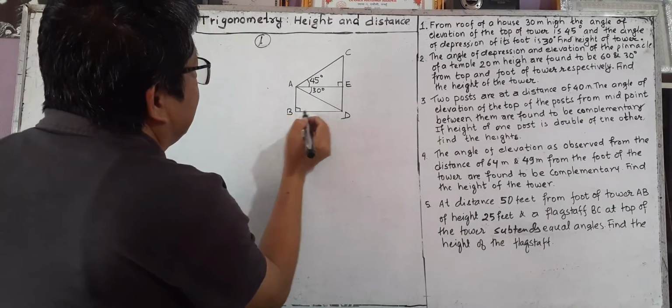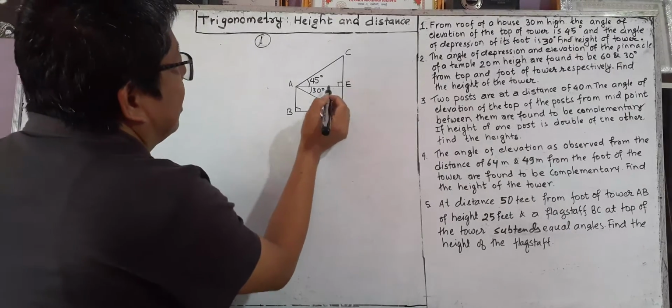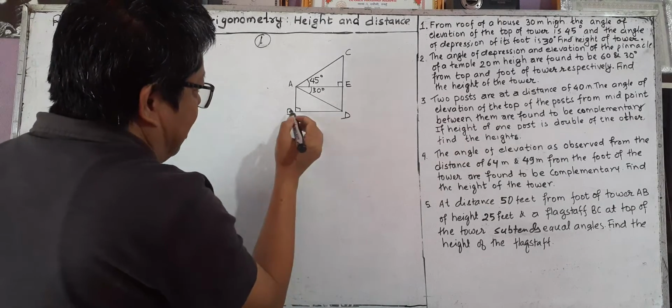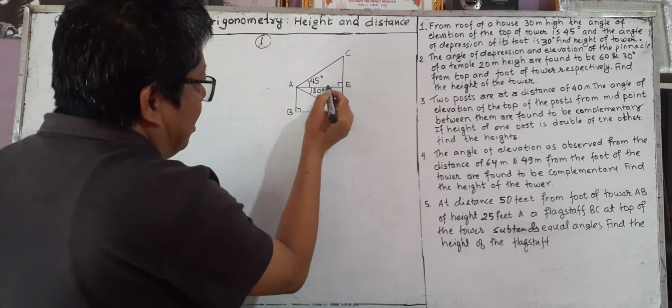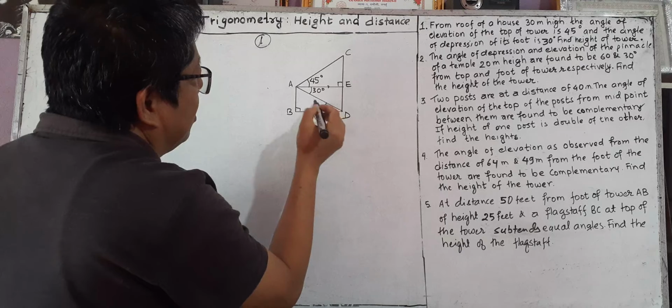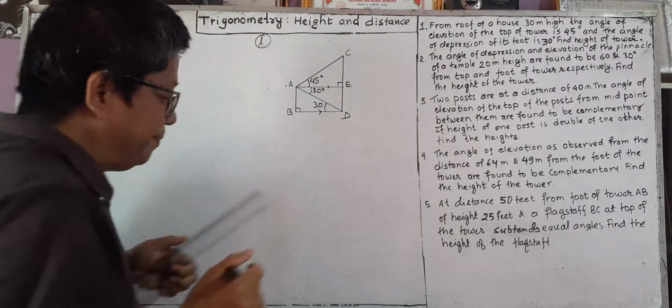So this is 90 degree. And you know that the line AE and BD, this horizontal and the ground level straight line, are parallel. So this EAD is equal to the alternate angle ADB. So it is also 30 degree.